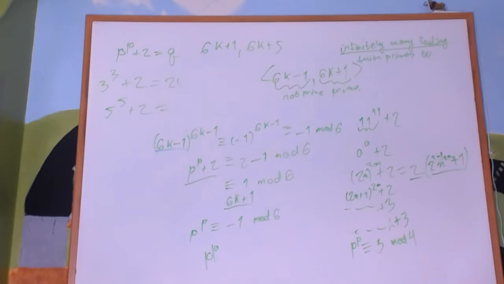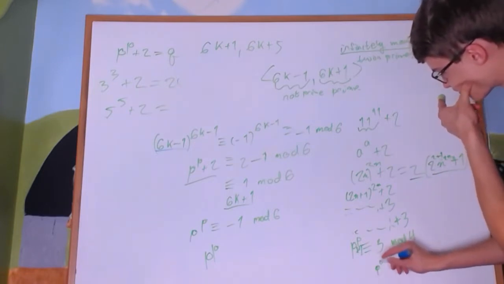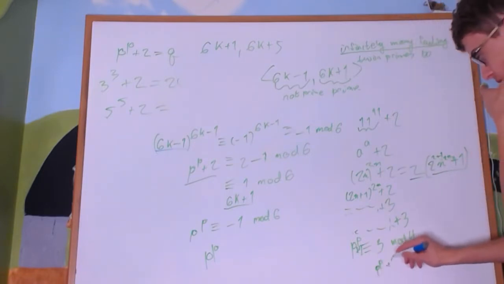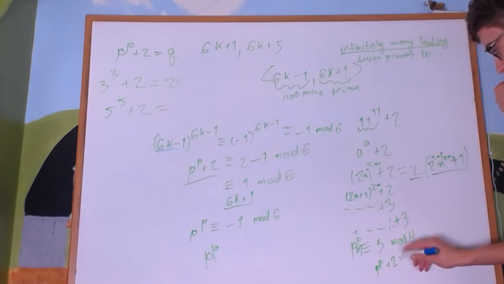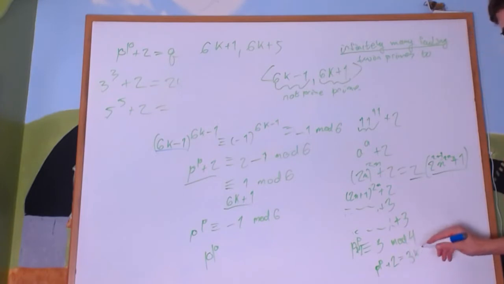And so, for odd primes, p to the p plus 2 is equal to 4k plus 3 is equal to 6k minus 1, or m.